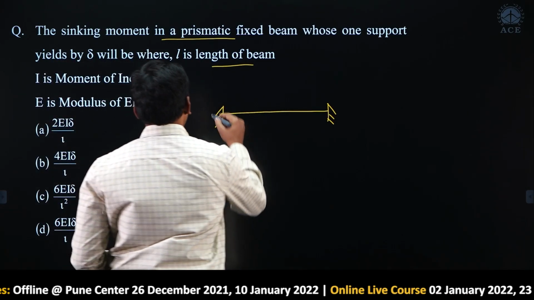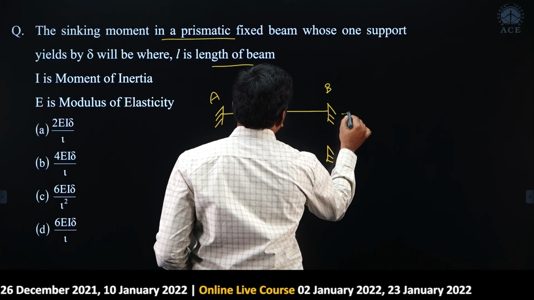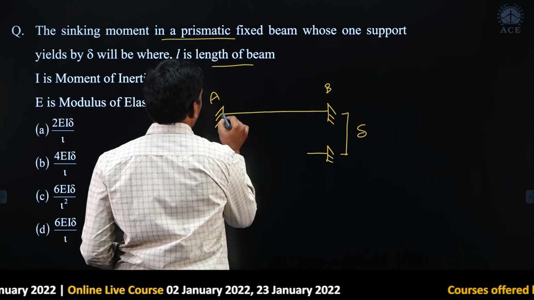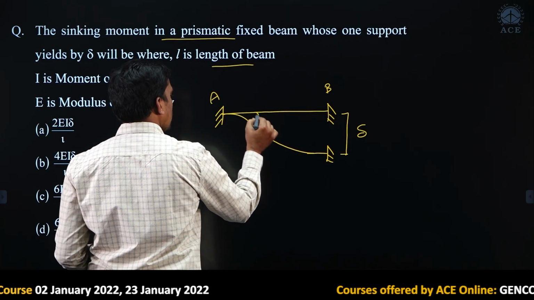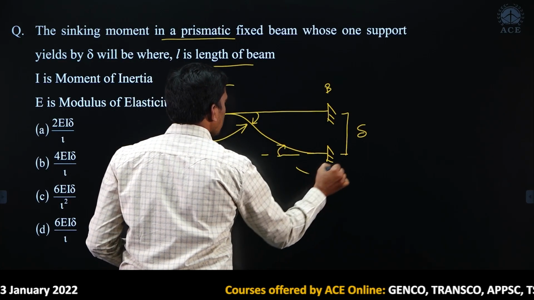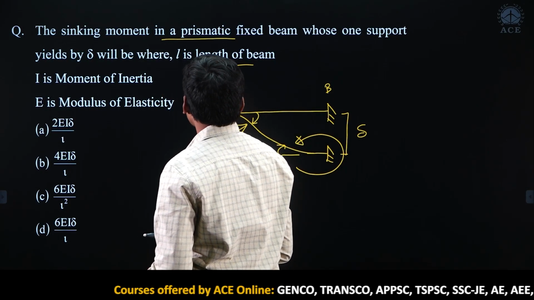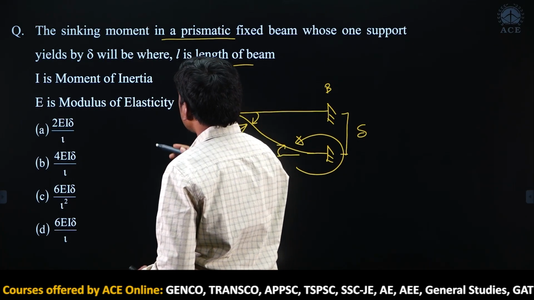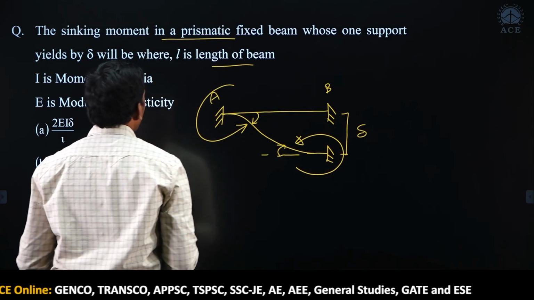So given a fixed beam, yielding of support by an amount delta, and asking to find the moment. Rotation is clockwise, moment reaction is anti-clockwise. So he is asking the sinking moment in a prismatic beam whose one support yields delta.